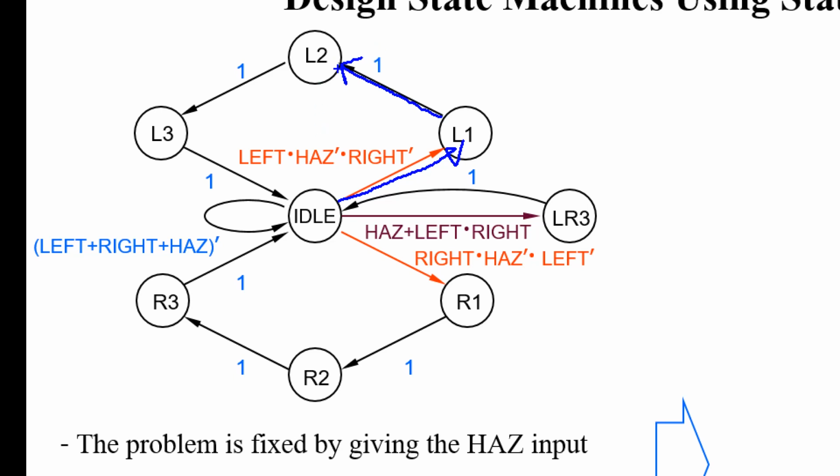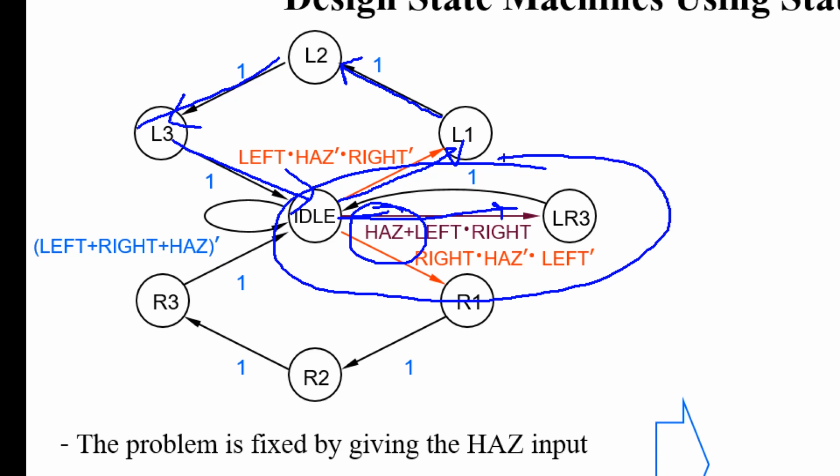Based on this state, you must wait one clock tick, two clock tick before checking input hazard, right? And then go to the state that shows all left and right lamps turn on, and then back to state idle and go to LR3 again. So note you must wait for 1 and 2 clock ticks, right?